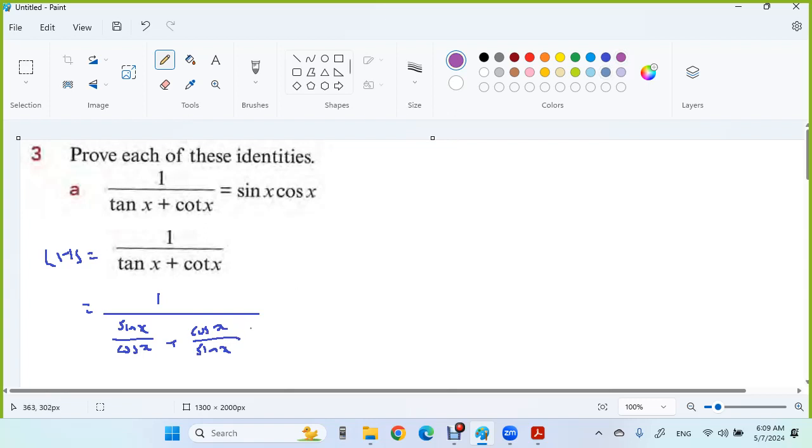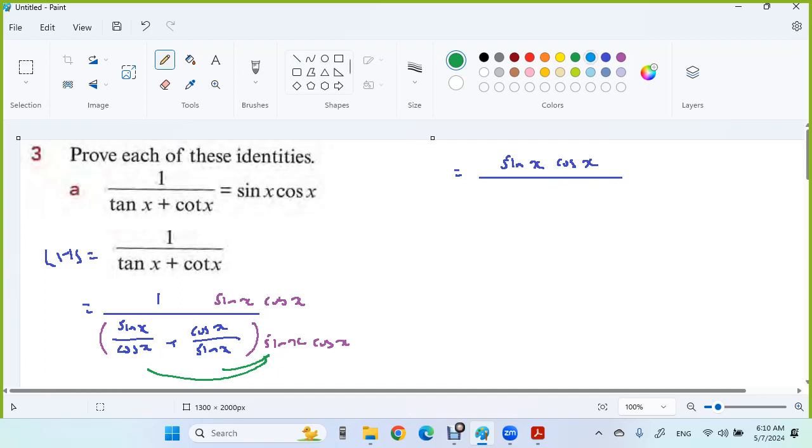And then we multiply with the sine x cos x and the sine x cos x. Then I have the sine x cos x, and the whole thing, when I do the multiplication, so cos cancel, then I have sine squared plus cos squared.